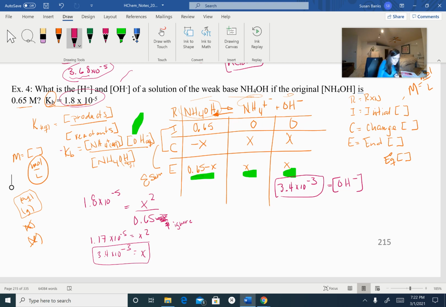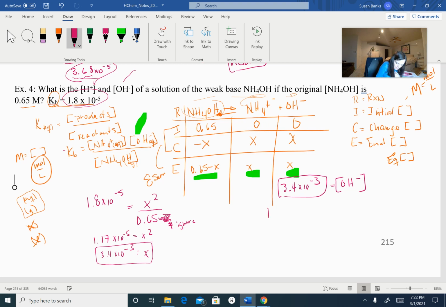I also want to know what my hydrogen ion concentration is. So, how do I do that? Isn't Kw equal to hydroxide times hydrogen ion? So if I have the hydroxide, couldn't I just divide this by my hydroxide to get my hydrogen? Remember, Kw is 10 to the negative 14.